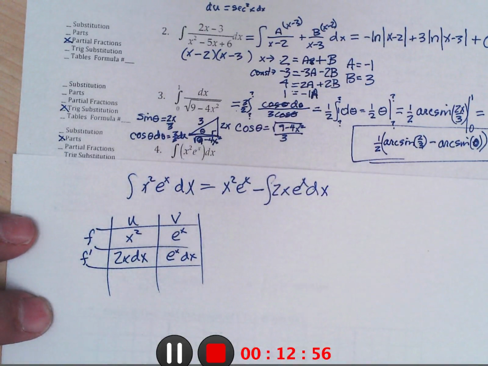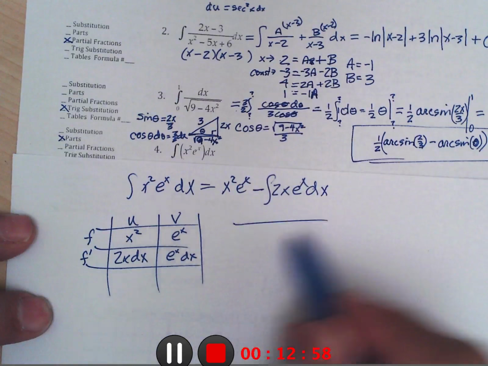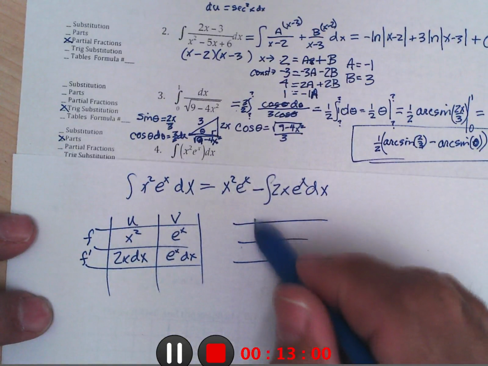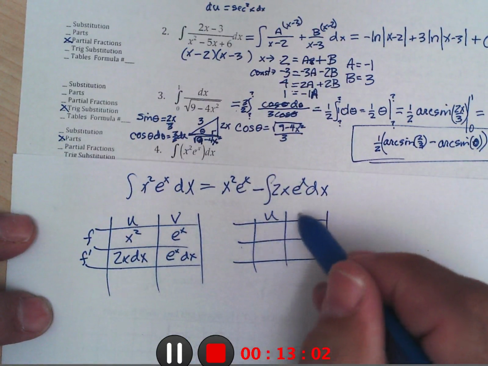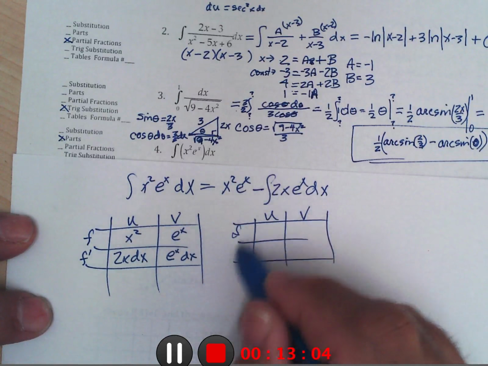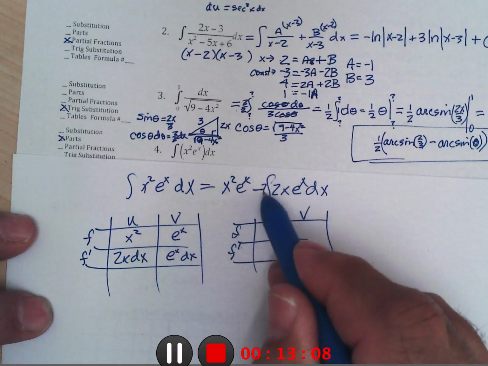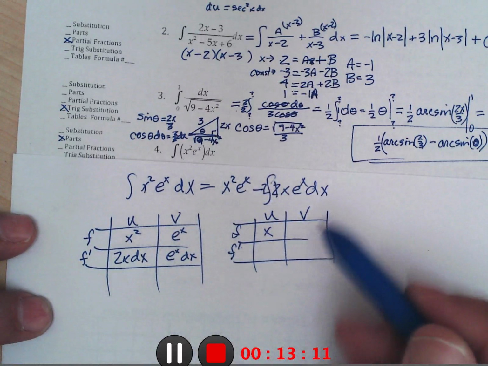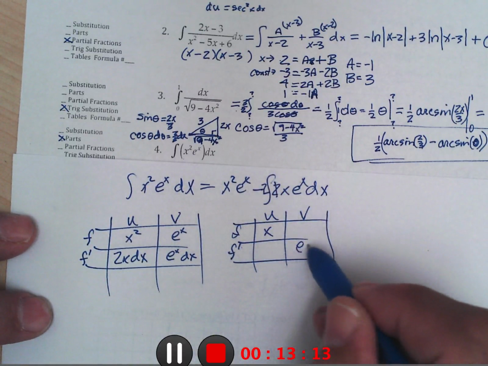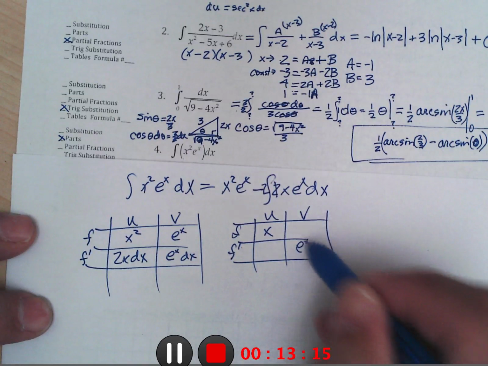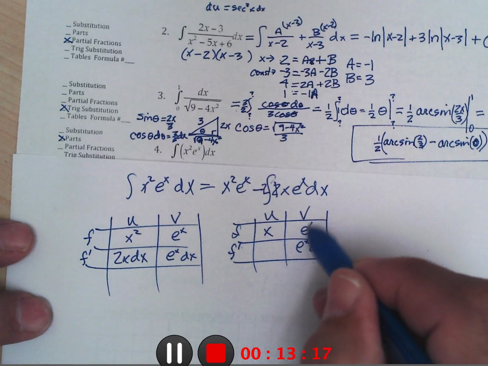And then I'll do this again. I can pull the 2 out, so I'll just put x and e to the x dx, antiderivative e to the x, derivative is dx.